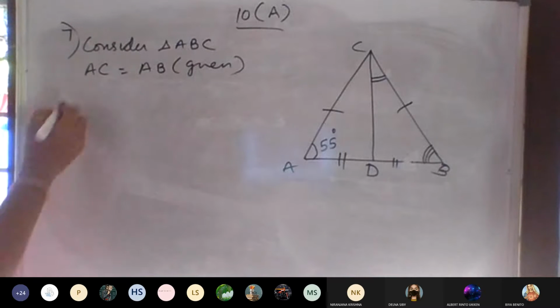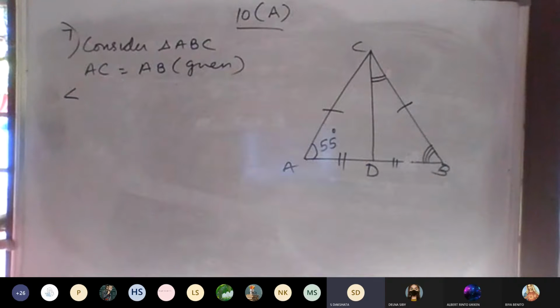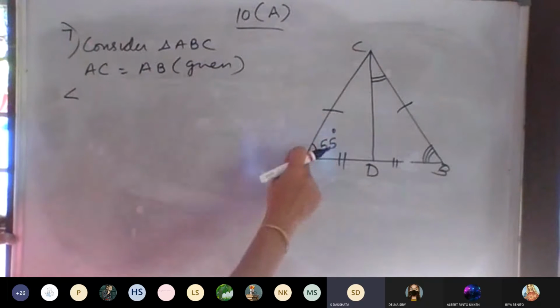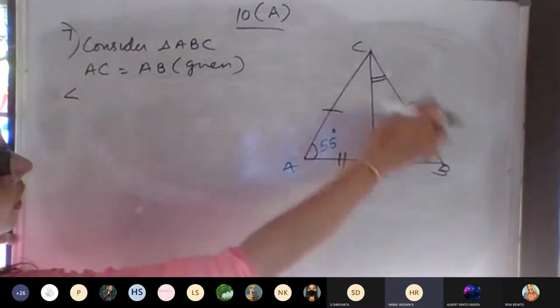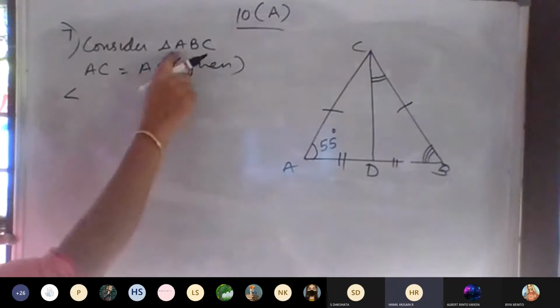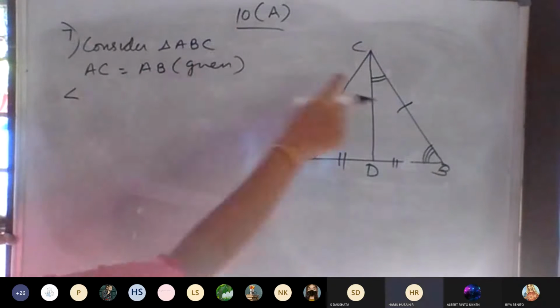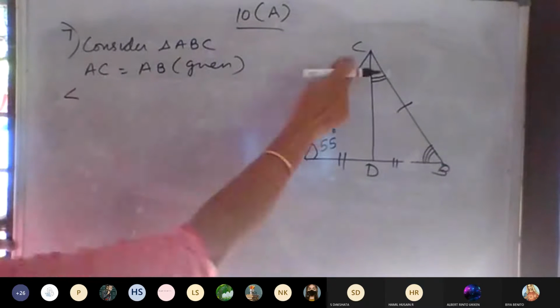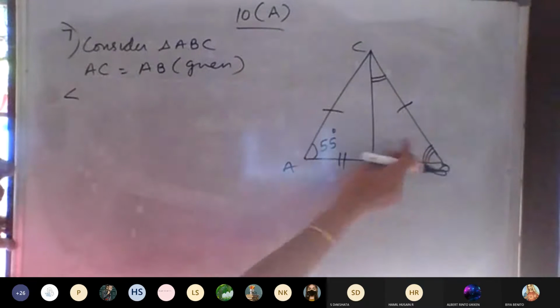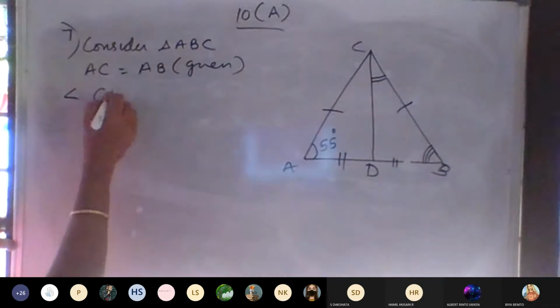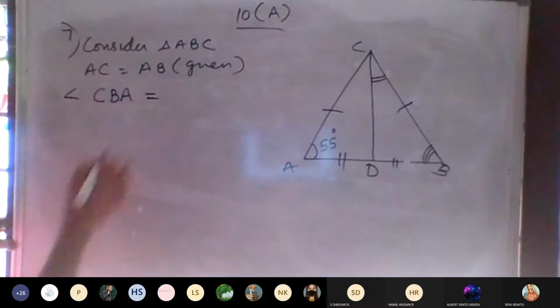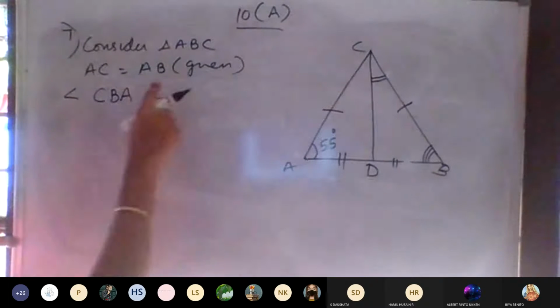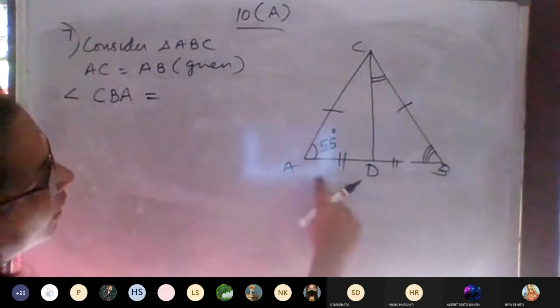Angle CAB is equal to angle CBA. We are considering the whole triangle ABC, so AC means the opposite angle is this one, angle CBA.